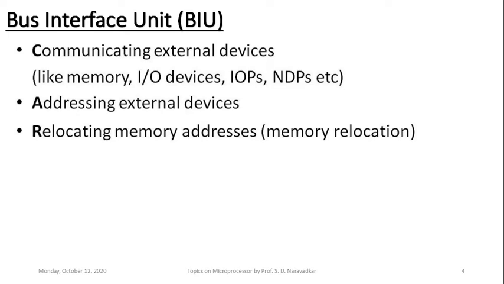So this BIU along with the memory management unit can perform the necessary memory relocation which is required at a particular instance. So these are the three basic functions of that BIU in the case of the 386DX processor here.